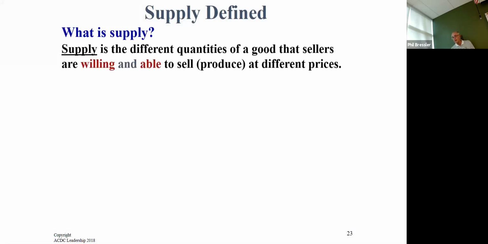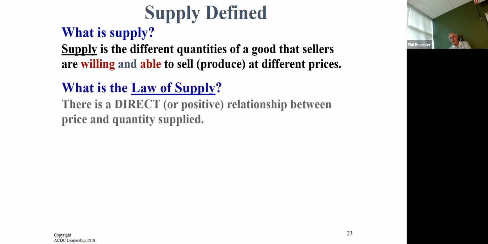All right, what is supply? Oh man, I hope I didn't forget what is demand. Supply is the different quantities of goods that sellers are willing and able to sell at different prices. I don't think they ask about supply as much as the law of supply, and that's a direct relationship. Why?